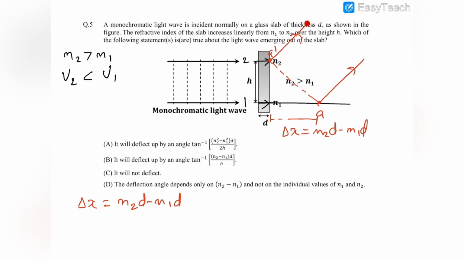So some of the light waves which have the plane wavefront would go like that.